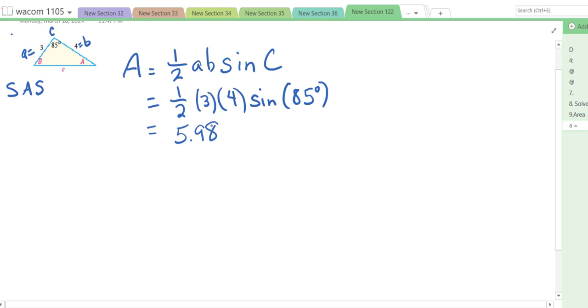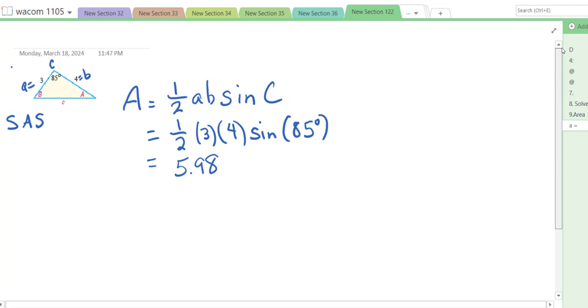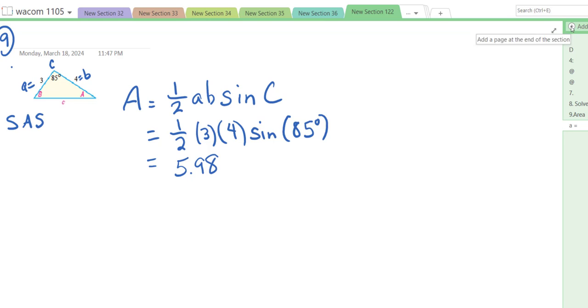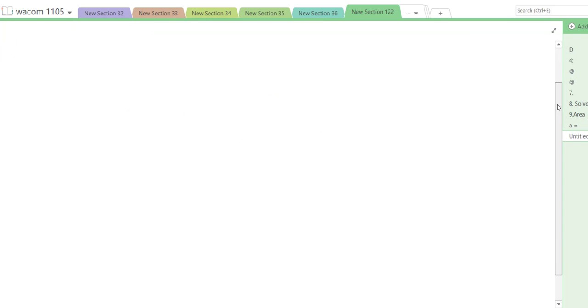Right? And let's see if I have one of the other kind, which uses Heron's formula. I don't know what problem we're on now. I think that was 9. So we'll do one more page and see if I have one for Heron's formula.